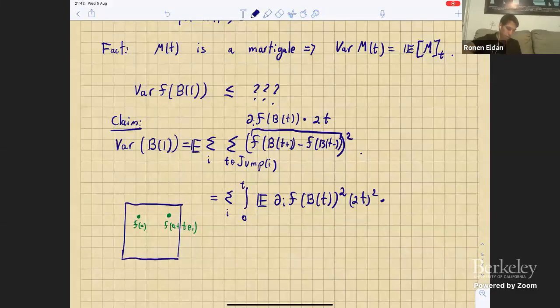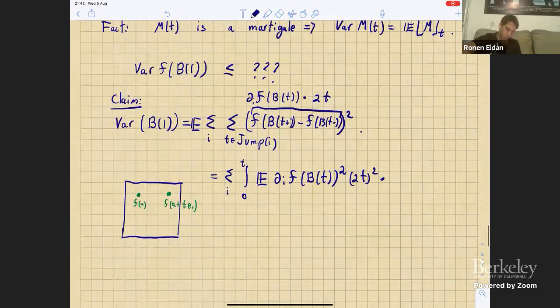So I'm now replacing this sum by the expectation of the indicators of the jumps, which contribute a term that looks like 1 over 2t dt.